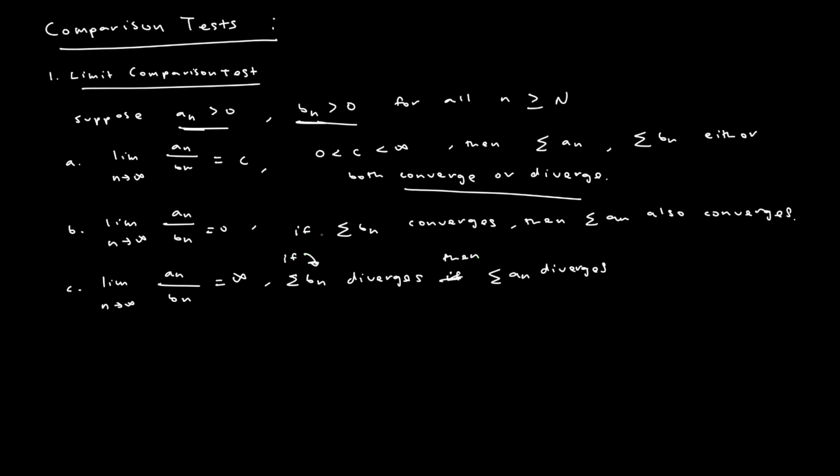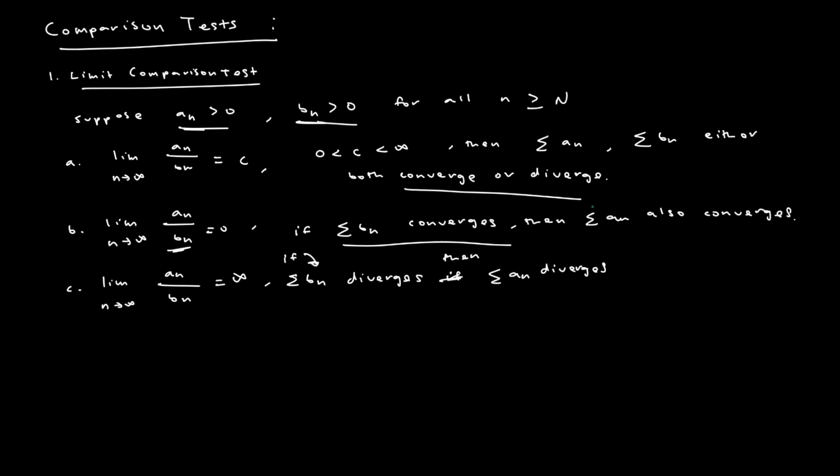And when I was talking about the arguments, if b of n takes on much smaller values than a of n and that diverges, then something that takes on larger values will obviously diverge. In this case, something that takes on larger values converges, right? b of n is the denominator, and something that takes on smaller values must necessarily converge as well. So that's the limit comparison test.